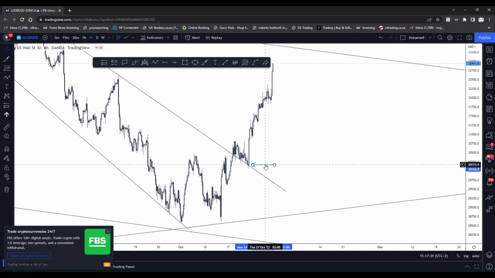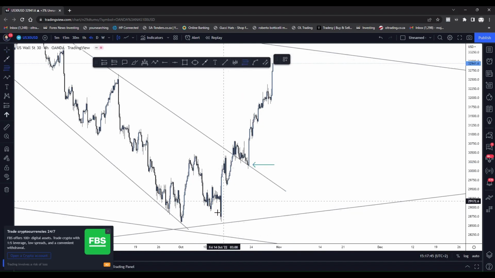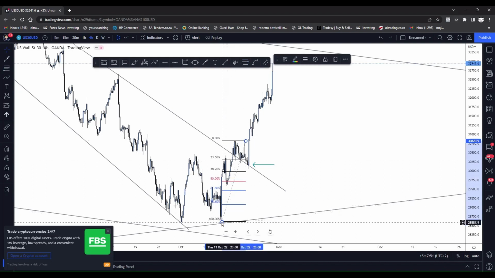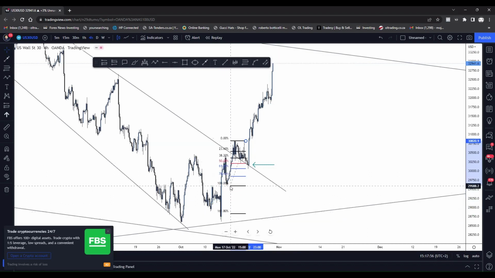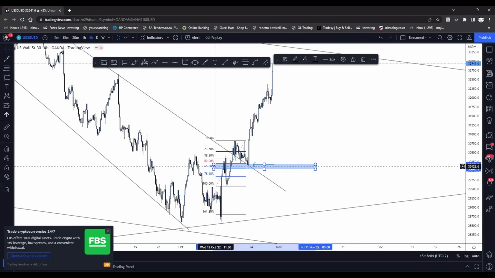Then what it did, it pushed further up. Yeah, we have it around 61.8. So that's why I say it's most important.